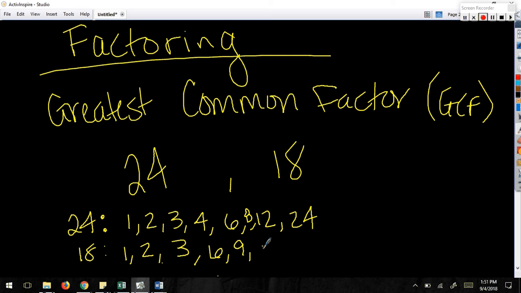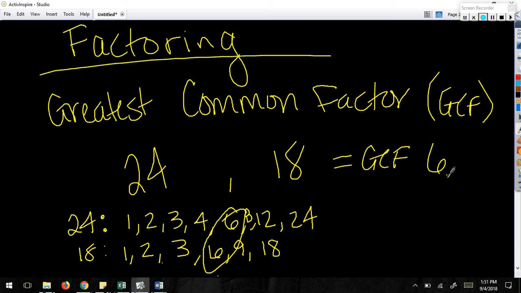What else? 18. Of those listed numbers, which one is the biggest that they share? So the greatest common factor of these two is 6. Does that make sense to you? Okay. That is the foundation of factoring.